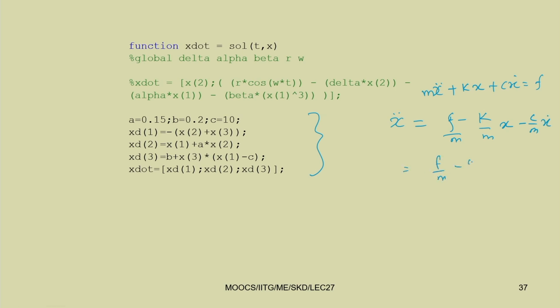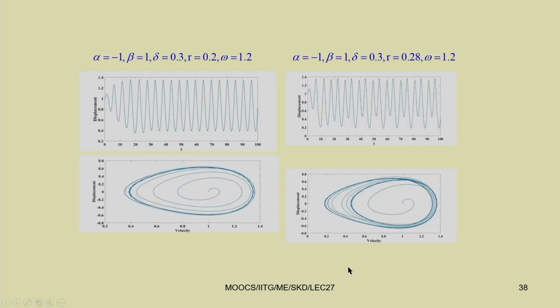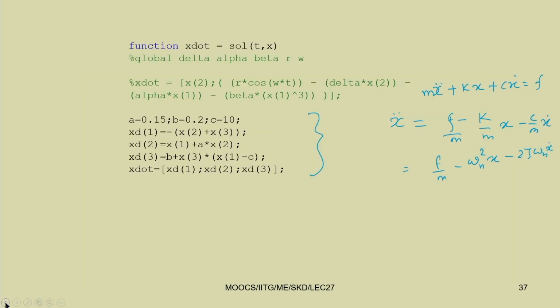This k by m is nothing but omega n square, and c by m is 2 zeta omega n. By taking x equal to y1 and x dot equal to y2, dy1 will be equal to x dot and dy2 will be equal to x double dot.